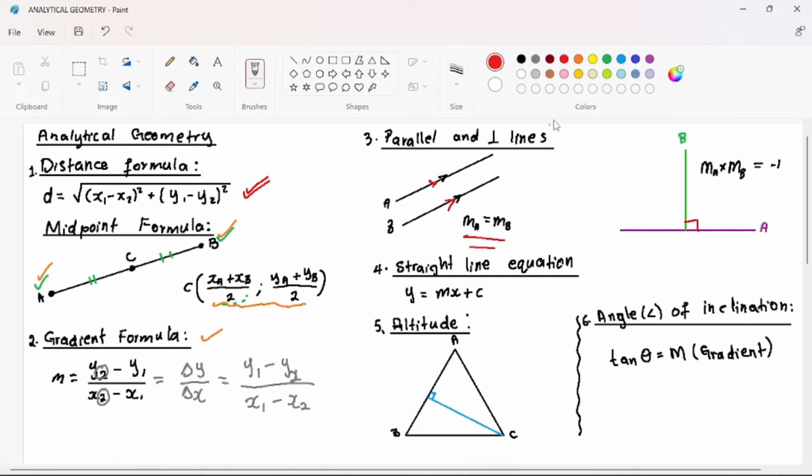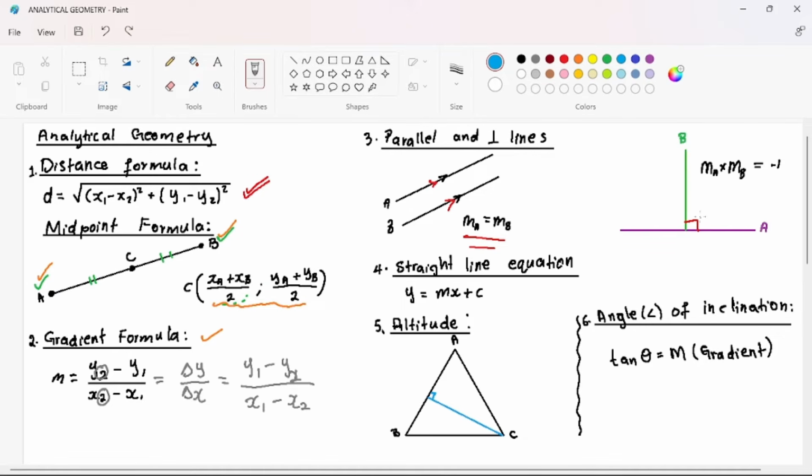And then we have another scenario here. If you are told that these two lines are perpendicular to each other, it simply means that the gradient of A multiplied by the gradient of B is equal to -1. This is just math, guys.